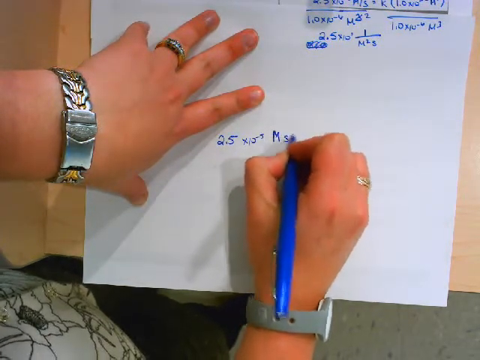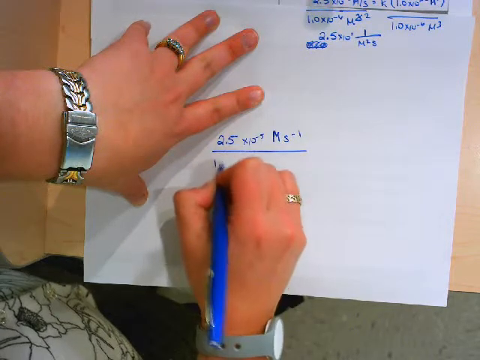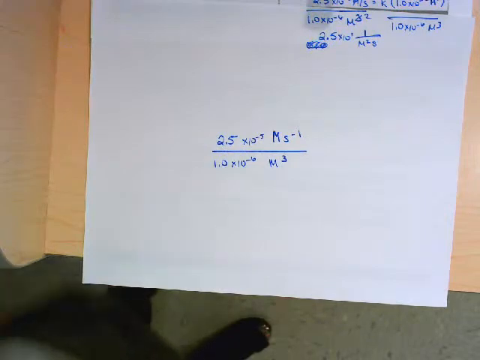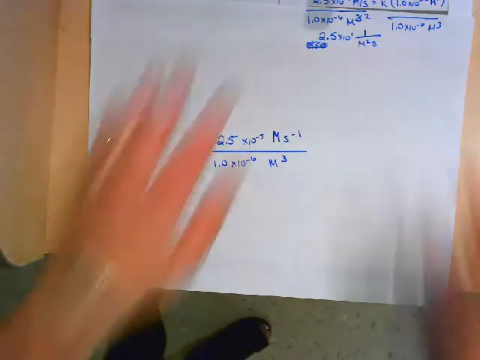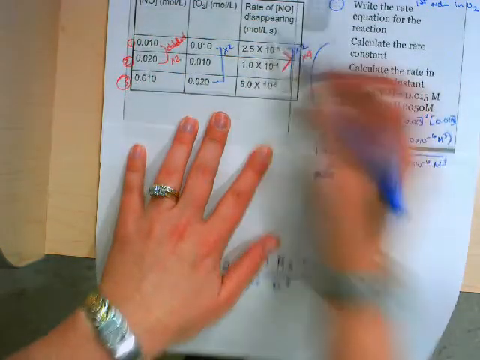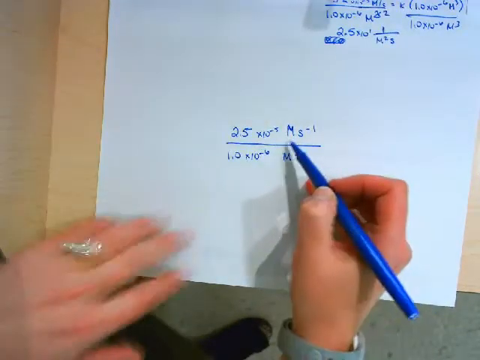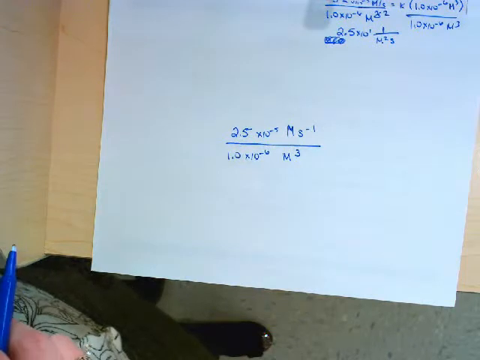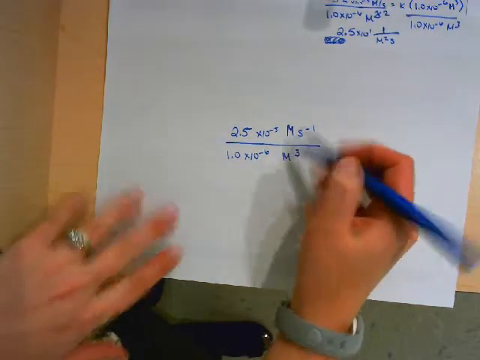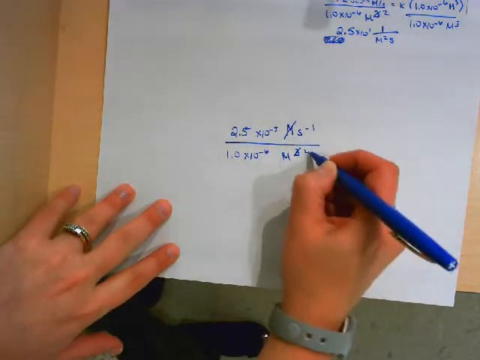Maybe it's easier if I do it this way. Right, so it's the same thing I have over here. The units are molarity per second. So it's the same thing as molarity inverse seconds. So we're going to cancel out molarity.